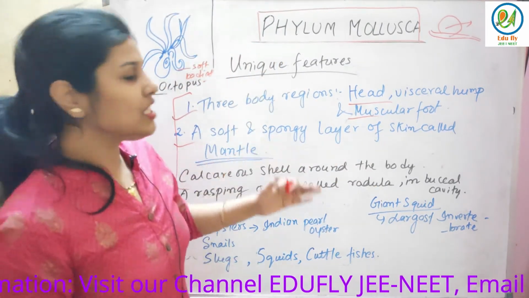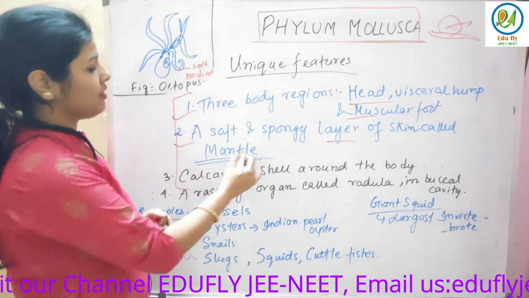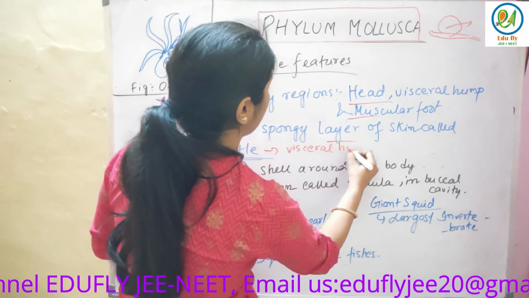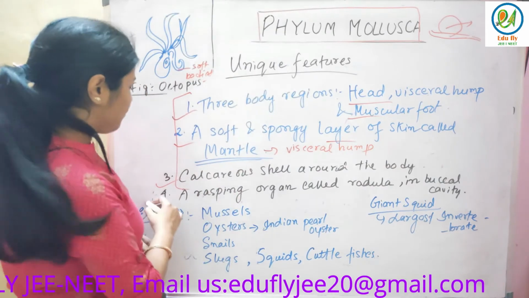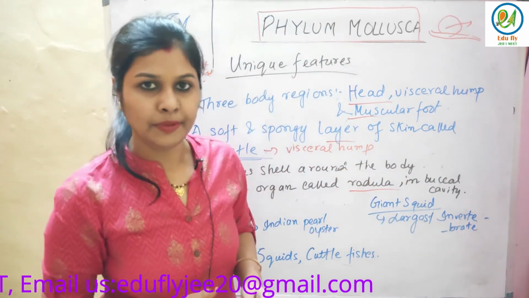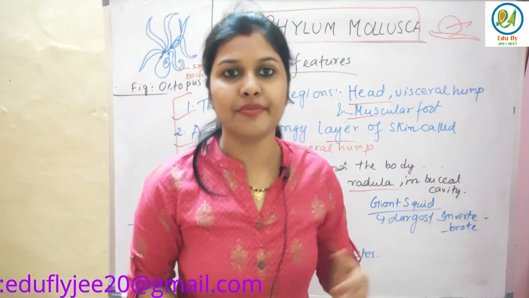Next is a soft and spongy layer of skin called the mantle, which is on the visceral hump. Next is the calcareous shell around the body, and fourth is the rasping organ called radula, which is present in the buccal cavity. These four points are very important in case of mollusk.